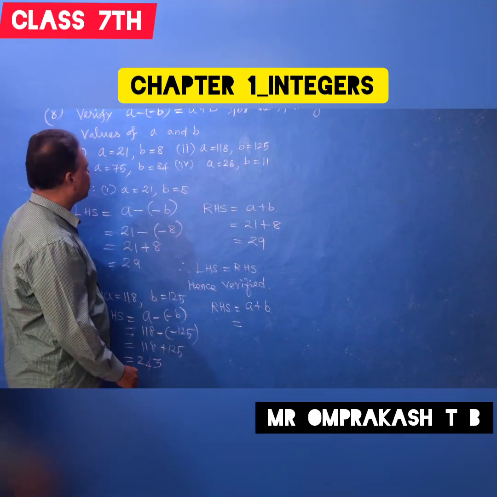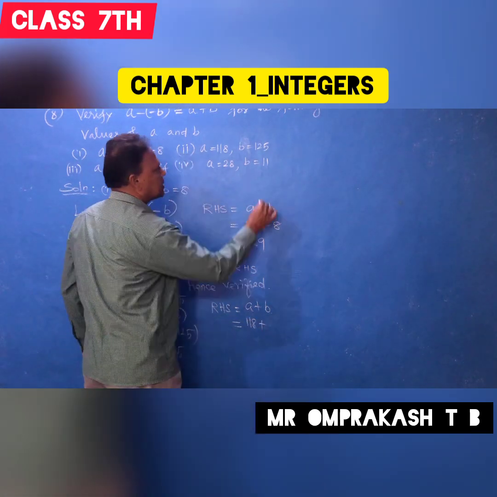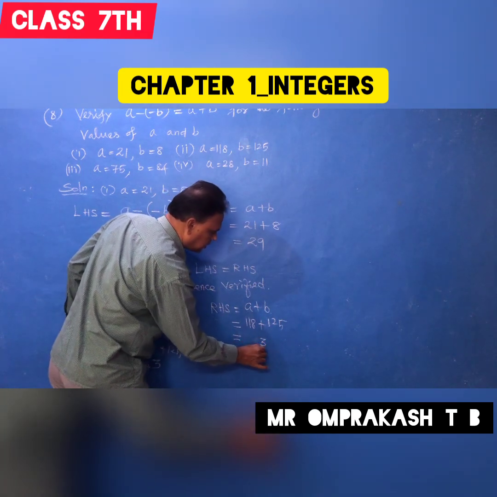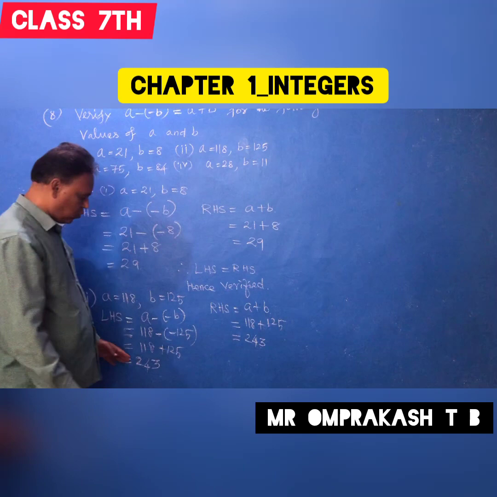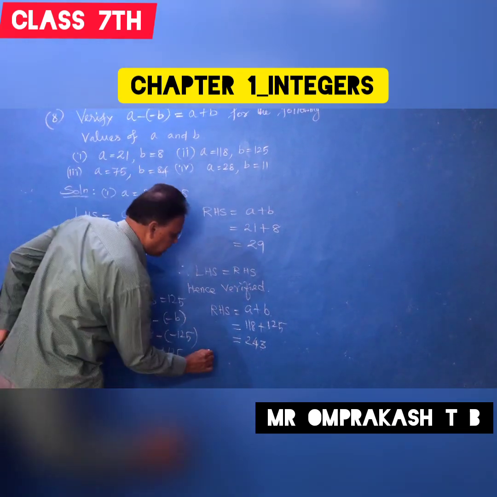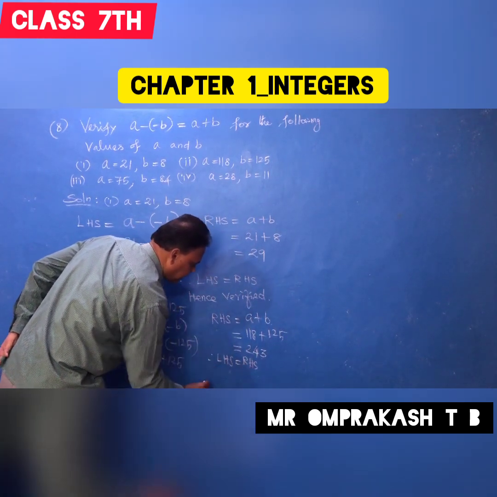What is a? 118 plus 125. 13, 4, 243. So 243, both left hand side and right hand side are the same. Therefore LHS equal to RHS. Hence verified.